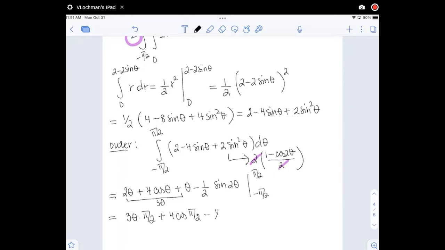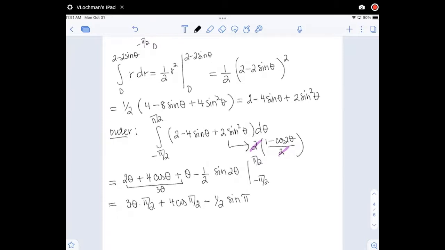That's 0, minus 1/2 sine of pi, that's also 0. And then minus 3 times negative pi over 2, and then minus 4 cosine of negative pi over 2, and then plus 1/2 sine of negative pi.